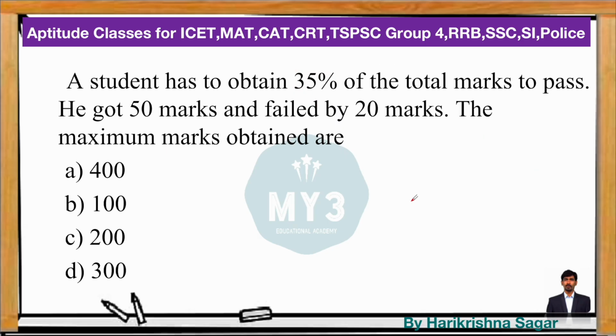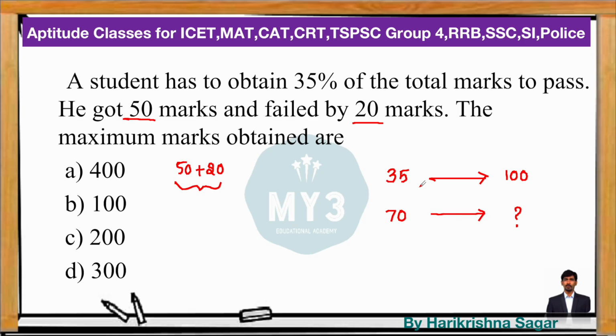We can easily understand that 35 is the minimum pass mark for how many marks? For 100 marks. And as per the story, the person got 50 marks and failed by 20 marks. That means the minimum pass mark in that examination should be 50 plus 20, which is equal to 70. So if 70 is the minimum pass mark, what is the maximum score?